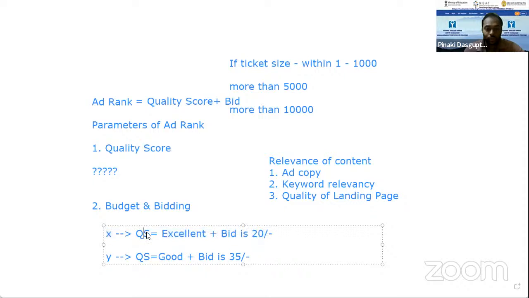So according to this, the quality score being very high or excellent means they are highly capable to answer the user's query. So that is why Google will give the rank. So you will get a rank at a lower cost if your quality score is very high.